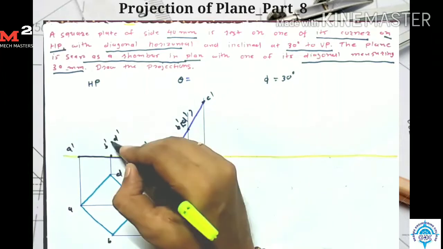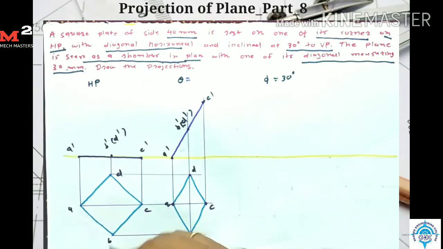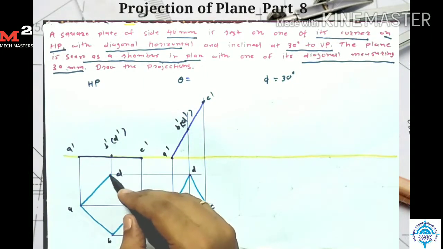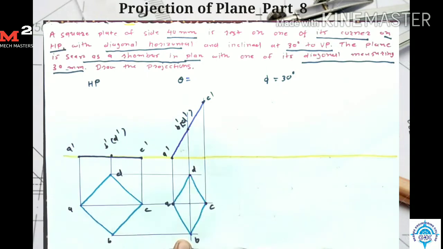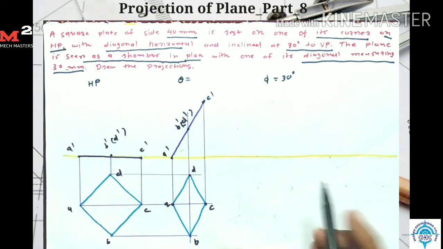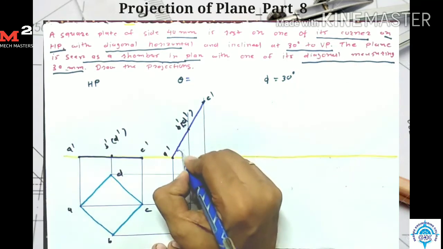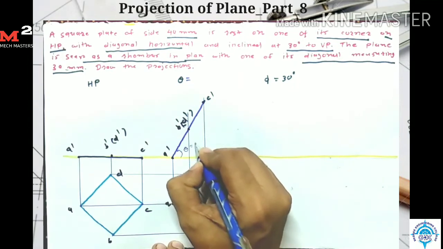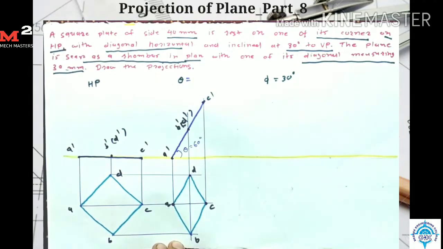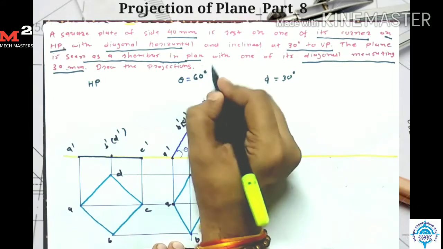Okay, because we see from the front, then D point is a hidden point, so I indicate D dash in bracket. Okay, so in this way I complete the second stage. Okay, if I measure this angle, then this angle theta is equal to 60 degree. Okay, theta is equal to 60 degree.